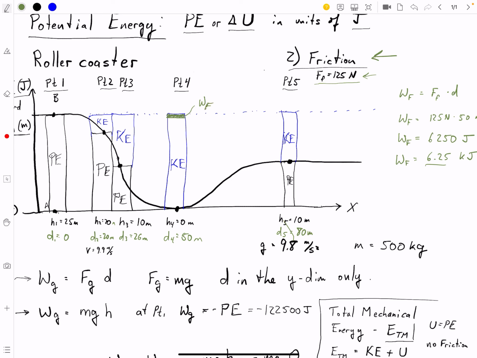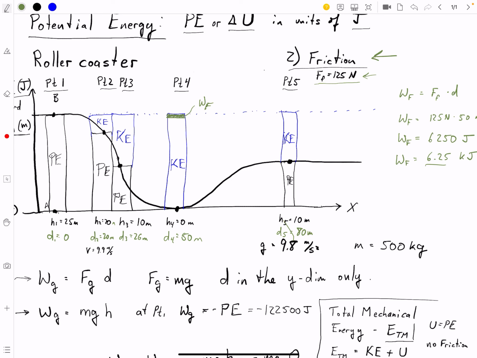Okay, now I chose point 4 for a couple of reasons. One is that the bar is big and has room for me to draw in. The other one is all of our energy at that point is kinetic energy. So what does that tell you? It can't cut into our potential energies.